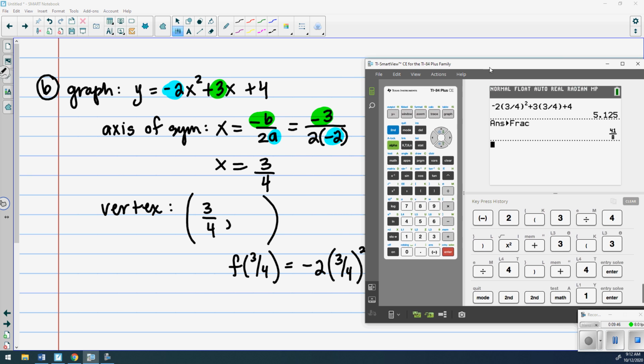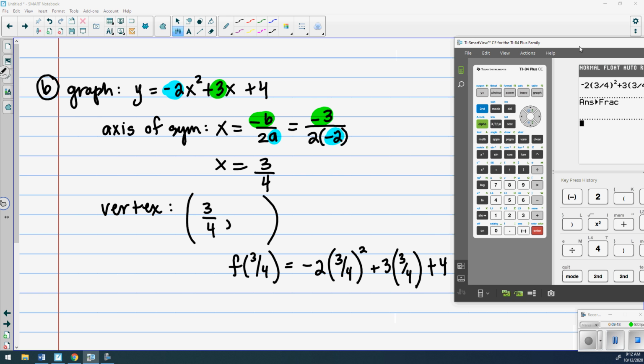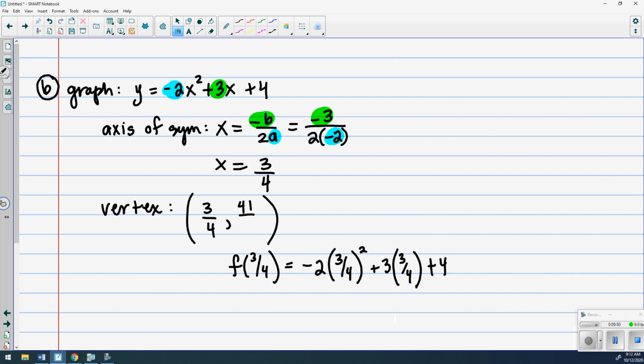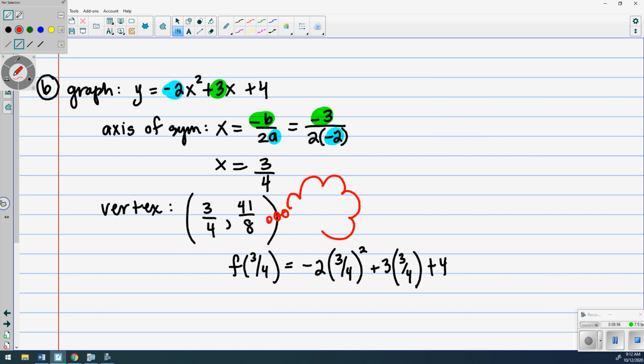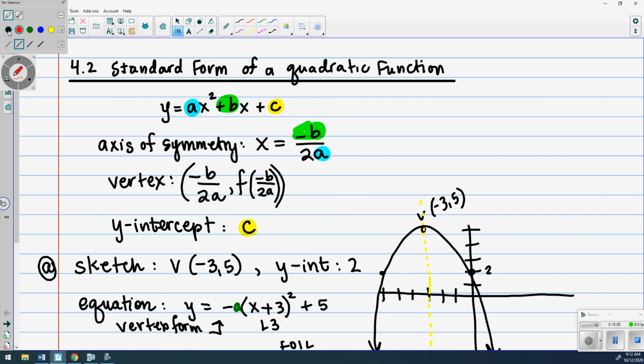I'm going to call it 41/8, I guess. But in the back of my mind, I converted that improper fraction to a mixed number, and I know that that's really 5 1/8. 41/8. How many times does 8 go into 41?